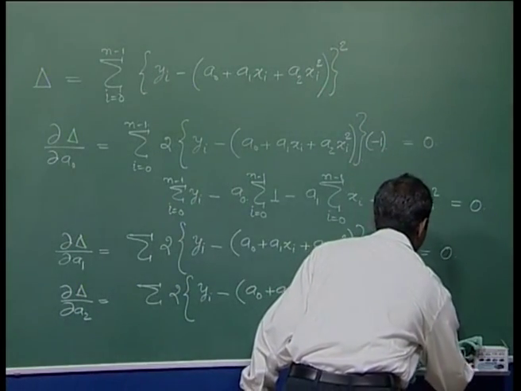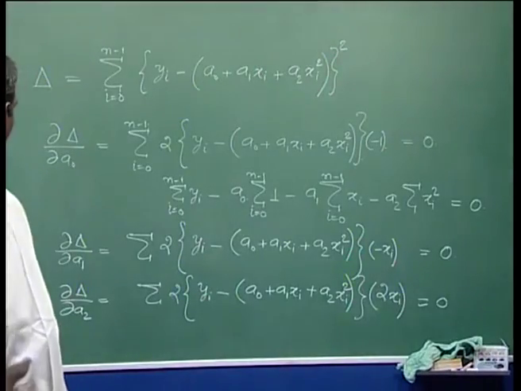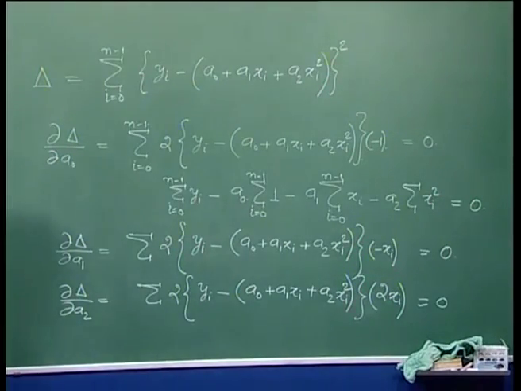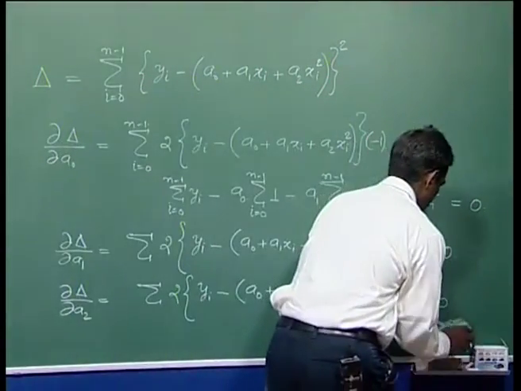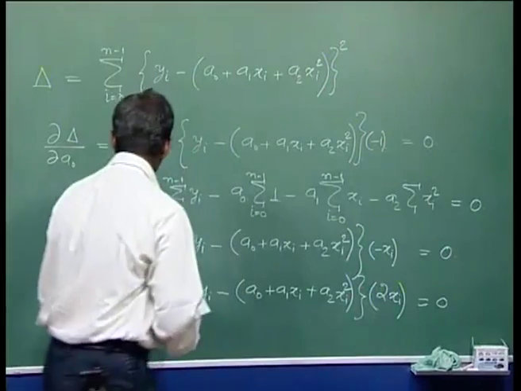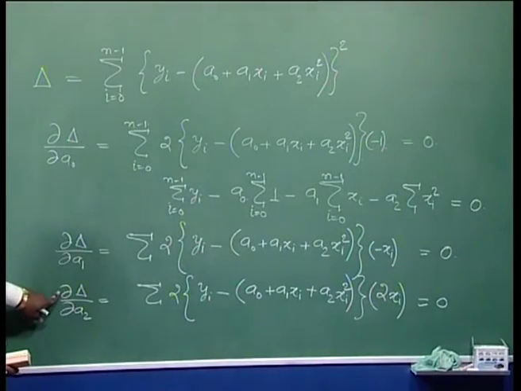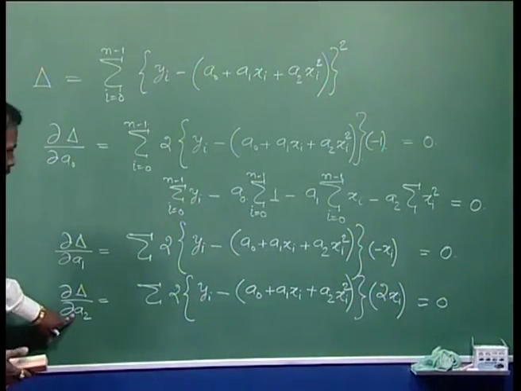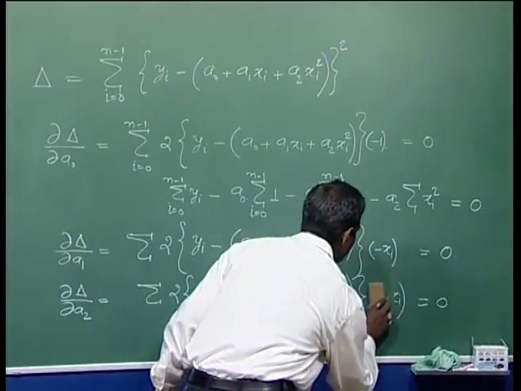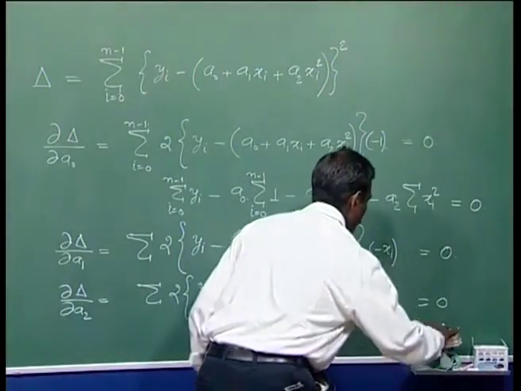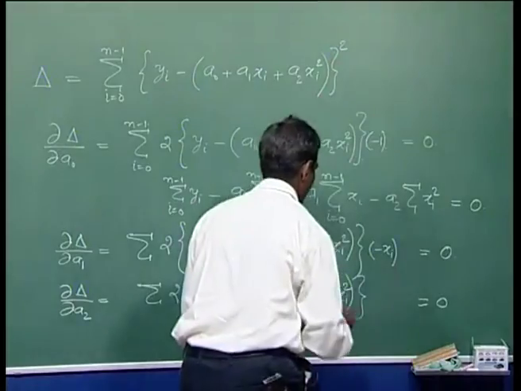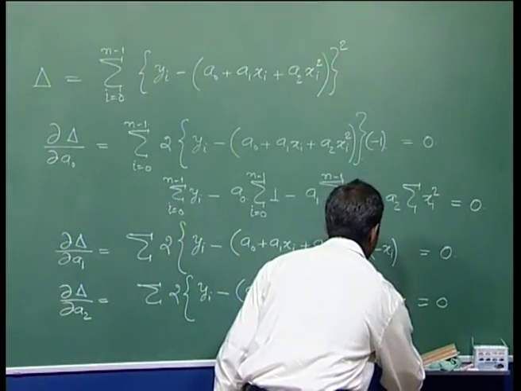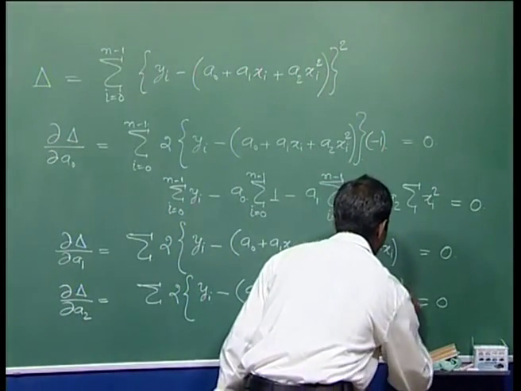This is equal to 0. Looks like I have made a mistake here. I'm computing the partial derivative with respect to A2. So this term here will actually be minus of xi squared.